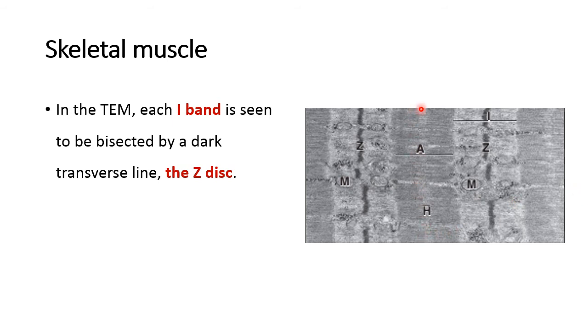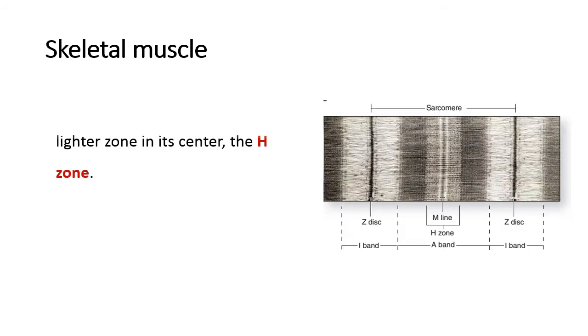And in the middle of the A band is a lighter zone called the H zone. We will talk about it in the next slide. The A band shows the presence of a lighter zone in its center, the H zone.